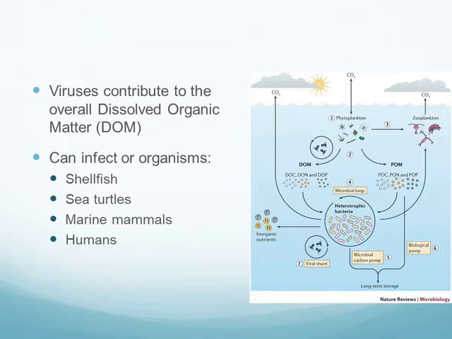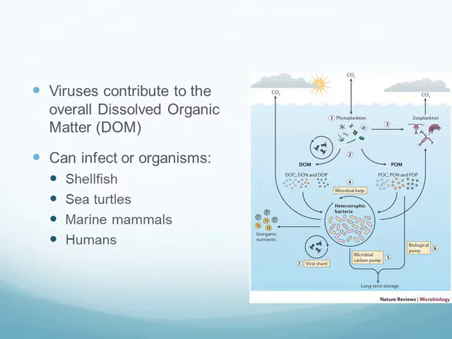Okay, so it's all just a cycle. Those heterotrophic bacteria also create inorganic nutrients, which then are taken up by phytoplankton and algae and used to create oxygen.